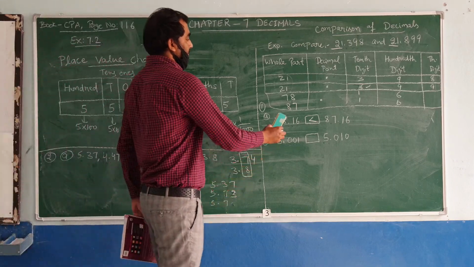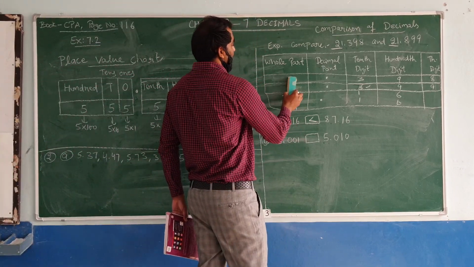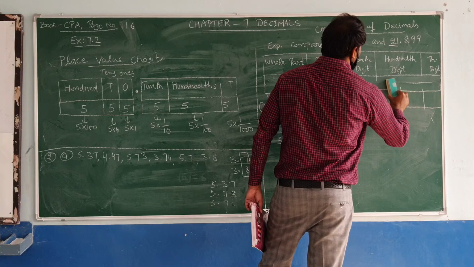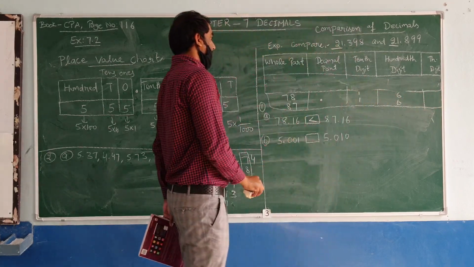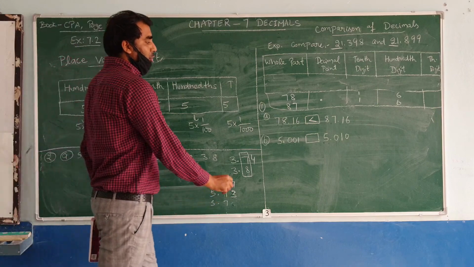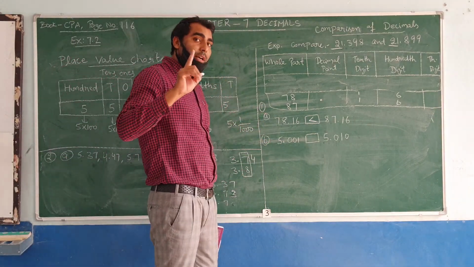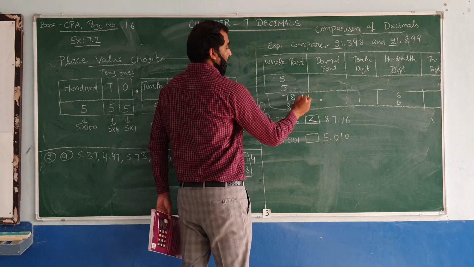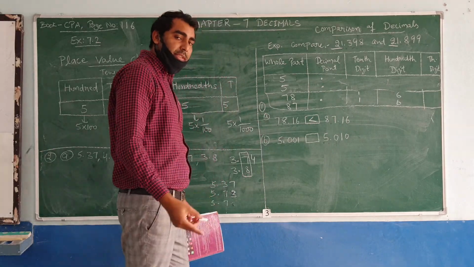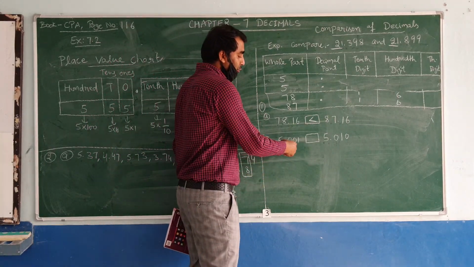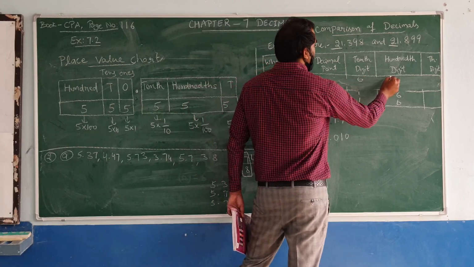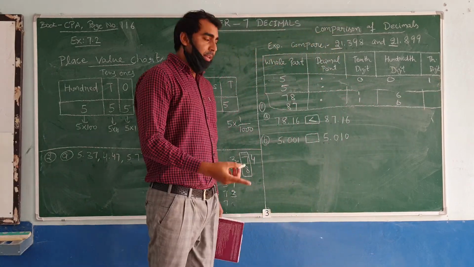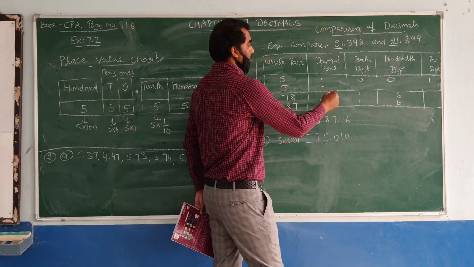Before the point is the whole part. It means 5. Now point. Here is also point. It means decimals. Now after the decimal is 0, 0, 1. Then 0, 1, 0.